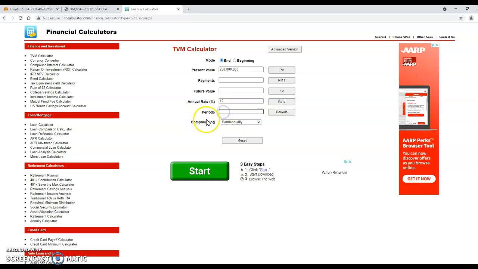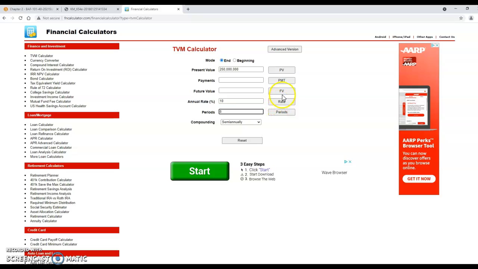So our period is 4 years, but since we're compounding semi-annually, that's actually 8 periods. Now, it's going to divide the 10% by 2 for us, but it doesn't do anything with the period. It doesn't multiply the periods. So we have to put in the exact number of periods when we're doing this, okay?